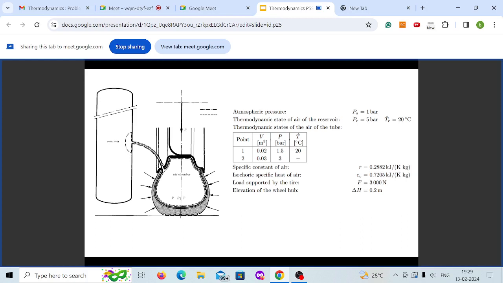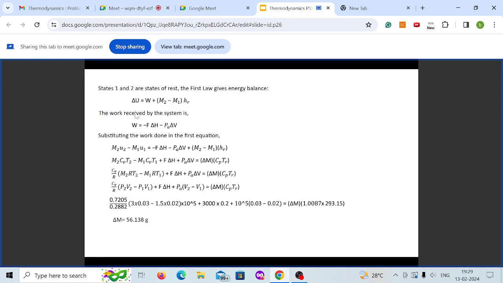So PV work, P into delta V. That amount of work is done in inflating the tire, pushing against the atmospheric pressure on the surface of the tire. That is the opposing force. So you have F and the pressure, and you have to overcome both. So that is the work done: minus F into delta H minus atmospheric pressure into change in volume. This is the total amount of work being done by the tire.